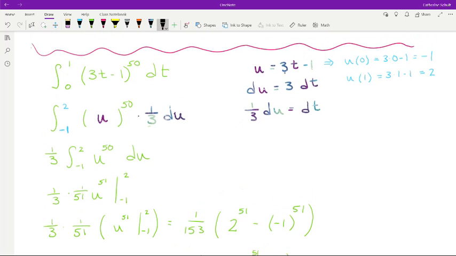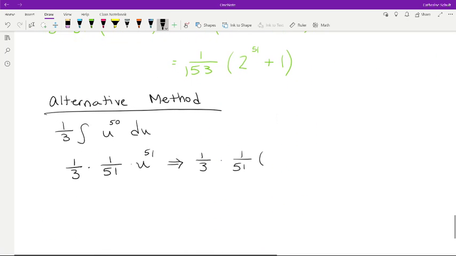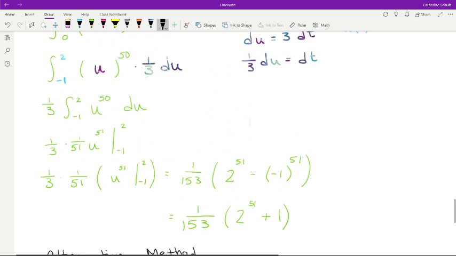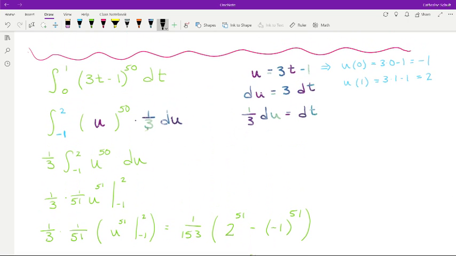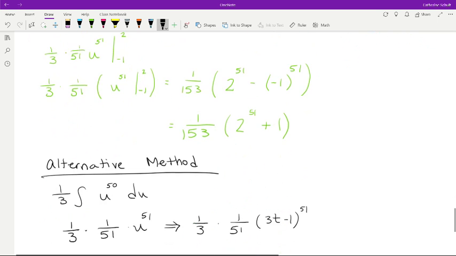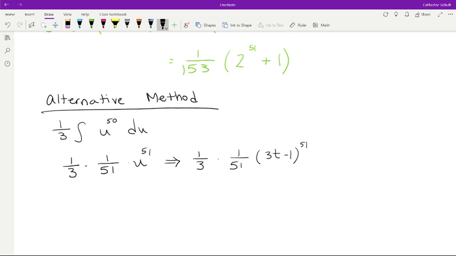But let's see, u was 3t minus 1. Because if we use the top method, the benefit of that is once we substitute everything that needs to be substituted, we just work it out without a second thought, which is normal. But here you have to remember to resubstitute. And then after you resubstitute, then you do your original integration.